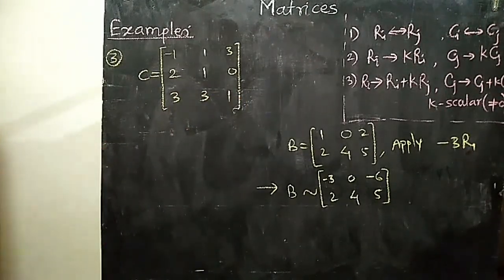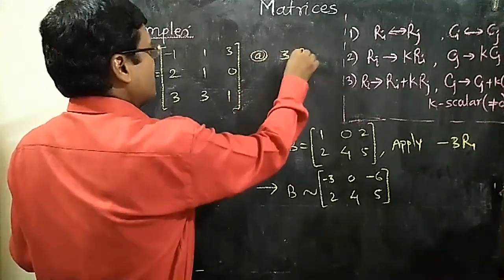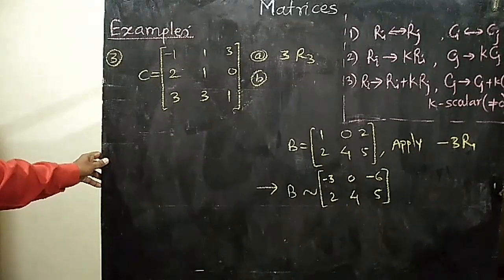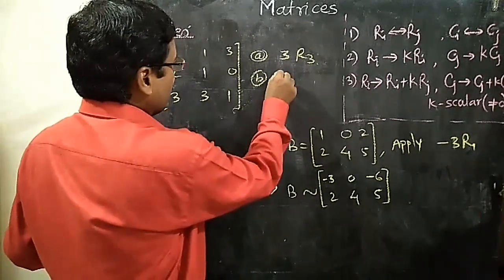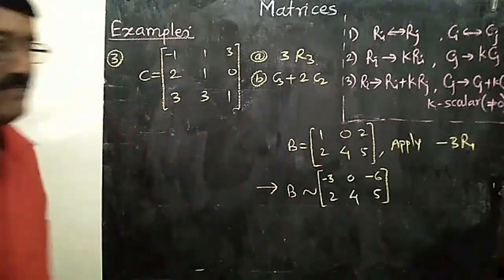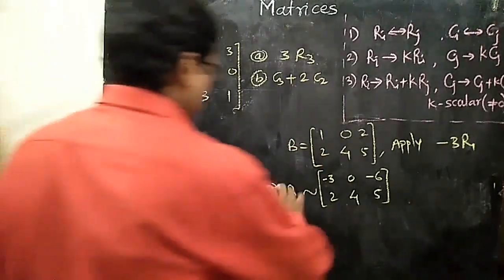And on this matrix C, we have to apply two operations. First, that is 3 times R3, and second operation C3 plus 2 times C2. Third column plus double of the second column.